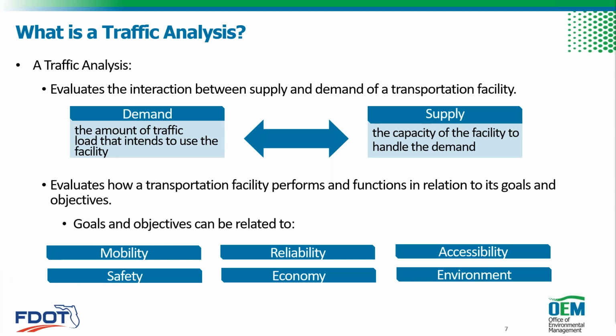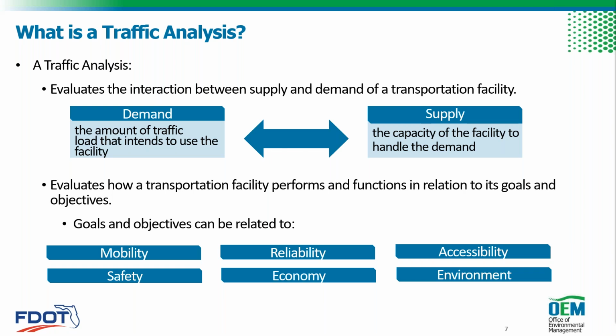But before we talk about PTARs, I just want to back up for a little bit and talk about traffic analyses in general. So what is a traffic analysis? A traffic analysis evaluates the interaction between supply and demand of a transportation facility. Demand is how much traffic wants to use the facility, and supply is the capacity of that facility to handle the demand.